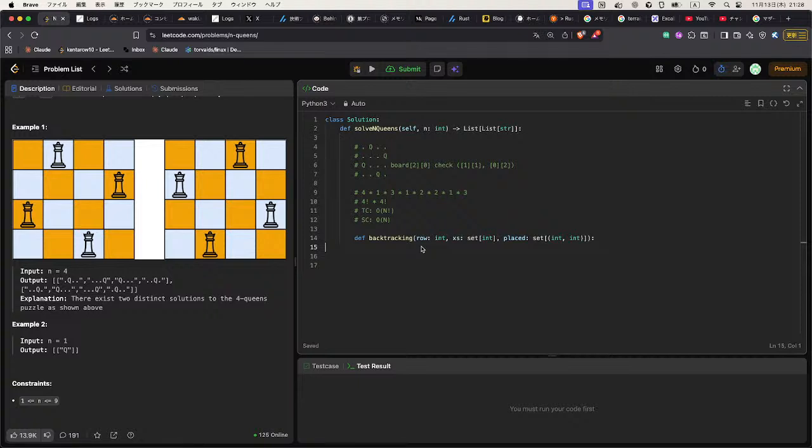So row is... we have to... okay. So this should be list str, and we are going to be building these strings, and yeah, so the row and column.